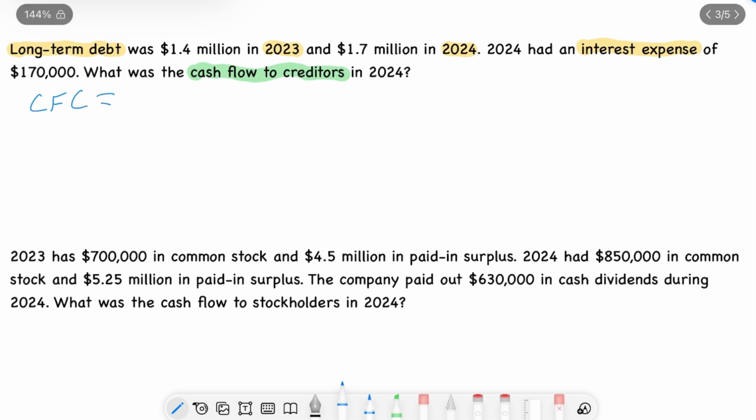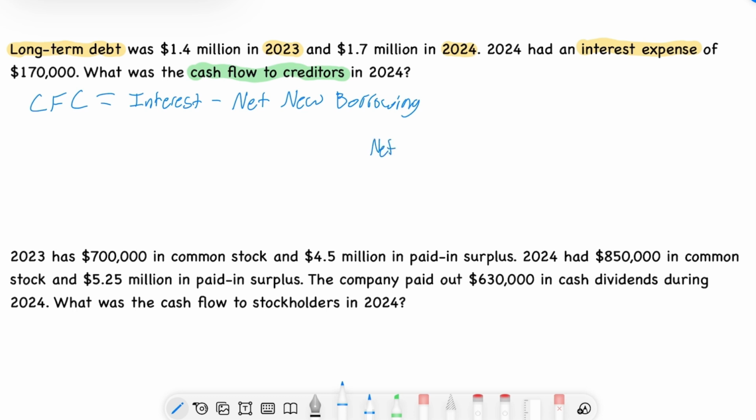That's going to be equal to interest minus our net new borrowing. We're given interest in the problem. Let's find our net new borrowing. So we had an initial borrowing of $1.4 million.